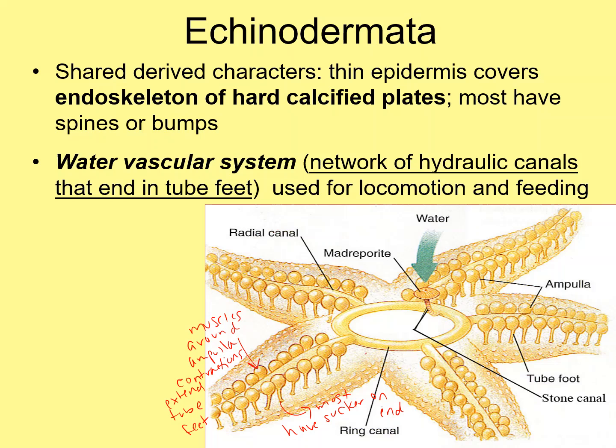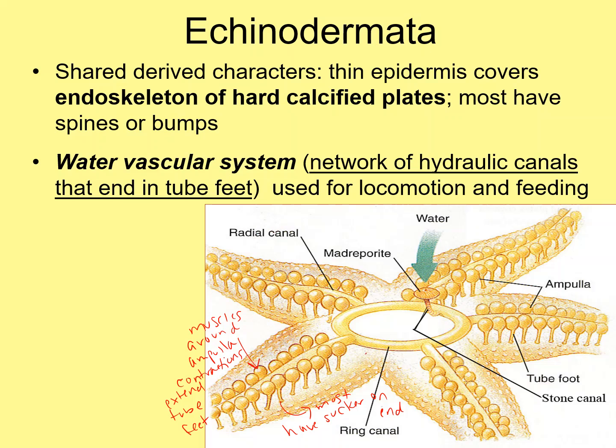Do not worry about memorizing the names of the different canals, or what an ampulla is. I just wanted to describe exactly how the tube feet get extended using water from the water vascular system. So essentially, while they're underwater, they have an opening to the outside, which is the madreporite, and that's where the water's coming in.